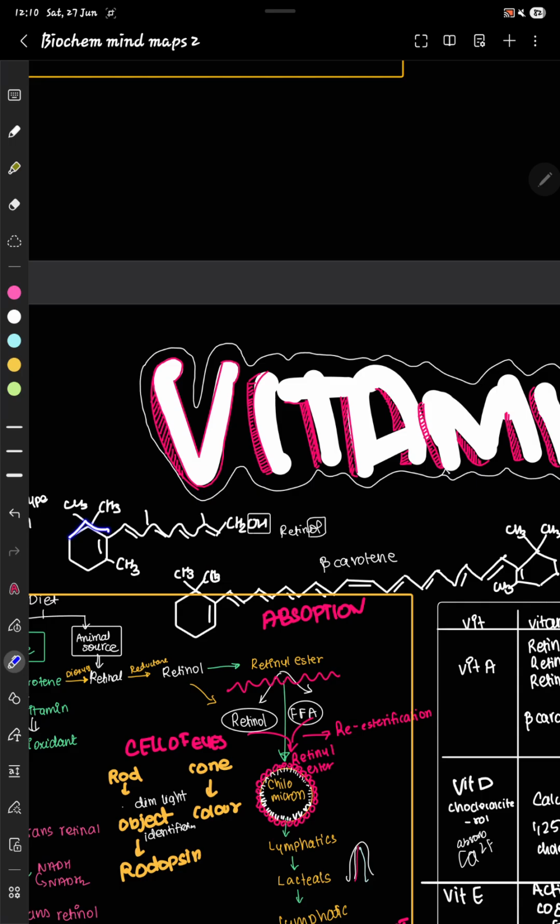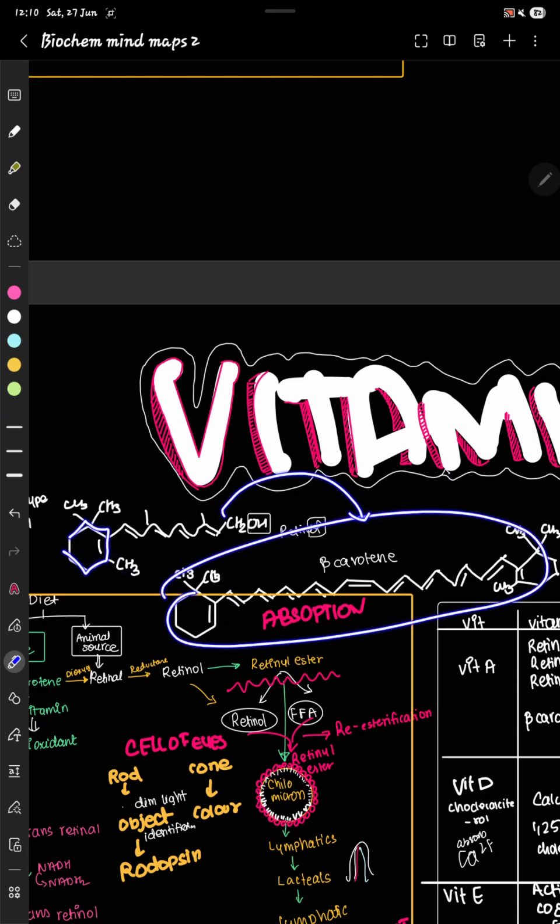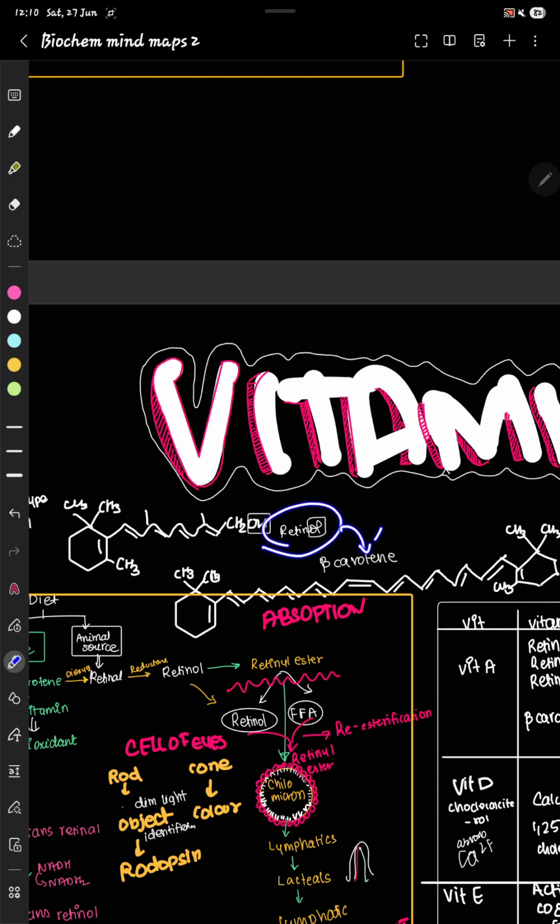Hence you can see the structures of retinal and beta carotene. So by using the enzyme dioxygenase, you can derive retinal.